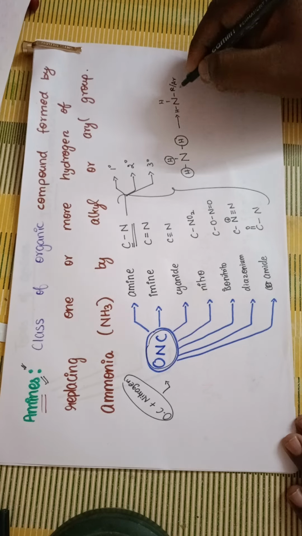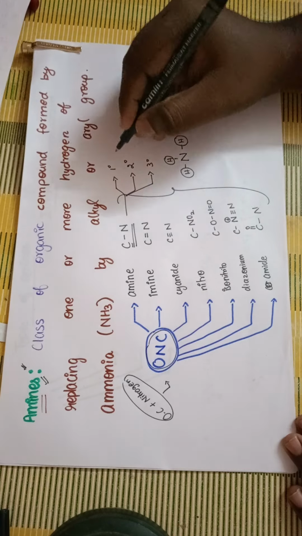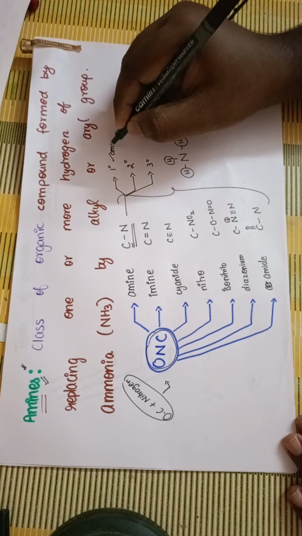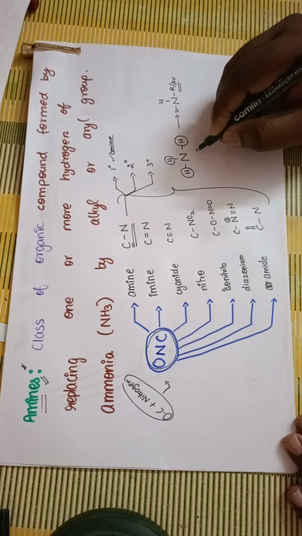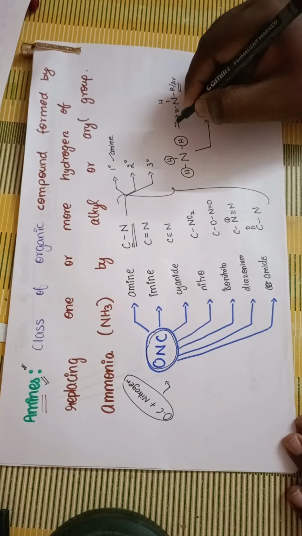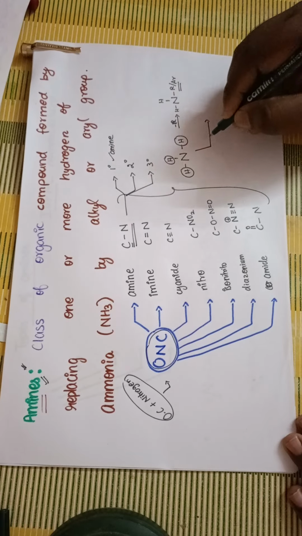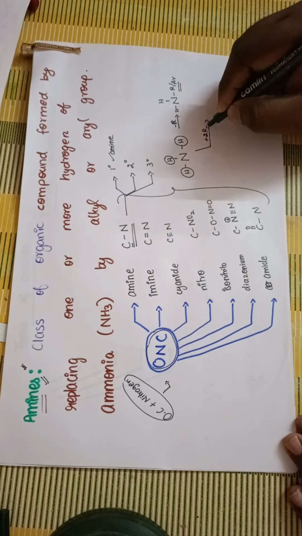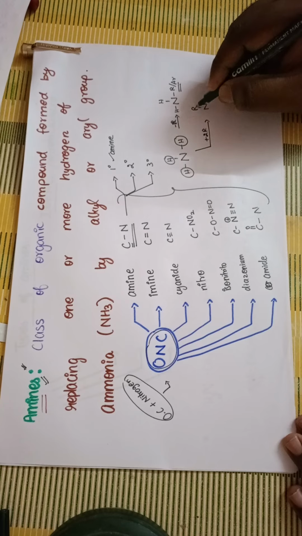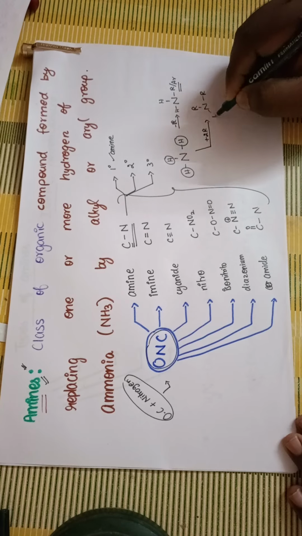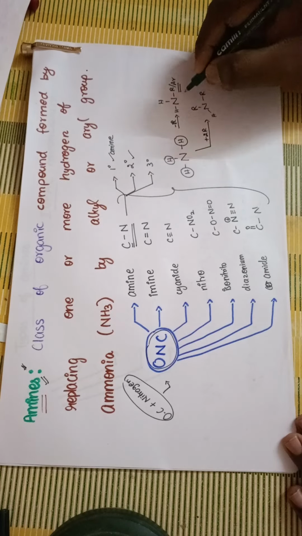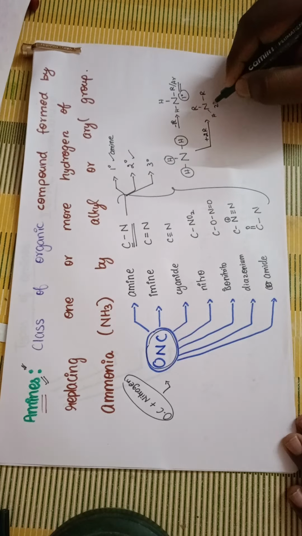If one of the hydrogens is replaced by an alkyl or aryl group, it forms a primary amine. If two hydrogens are replaced by alkyl or aryl groups, which may be different or the same, it leads to the formation of a secondary amine. So here we have primary, and this is secondary.